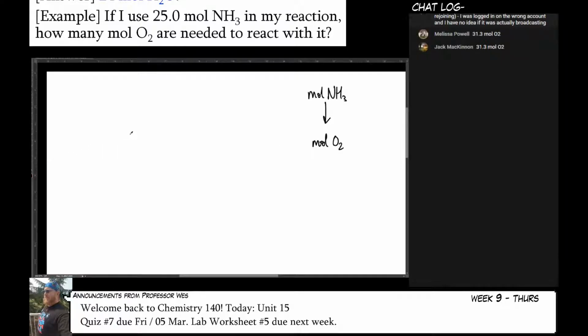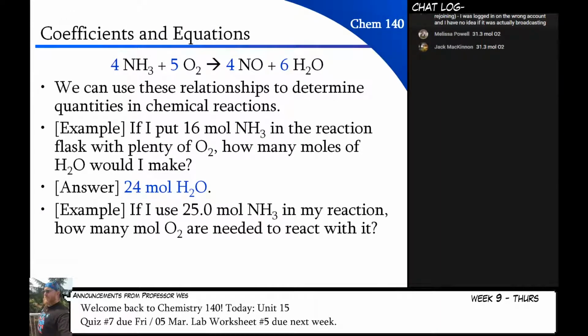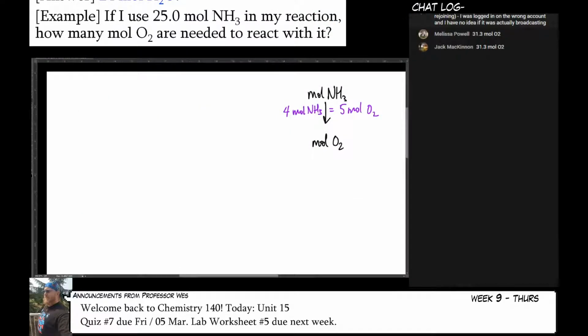And the relationship that I have there is not on the screen anymore. So let's go back. So it's 4 moles of NH3 is equal to 5 moles of oxygen. So I had to have that on the screen so that I could look at it.